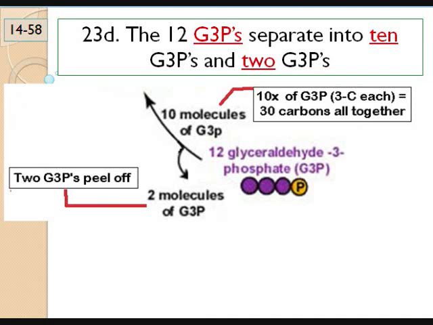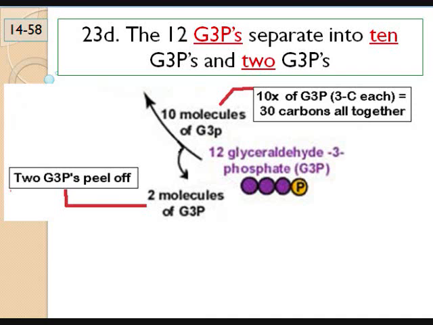Now, remember that one going up has 5 carbons? Remember he has 5 carbons? Well, here's 10 of them having 30 carbons. If I have 30 carbons, how many of those 5-carbon compounds can I make? 6. I can make 6 of them. And remember how 6 entered the picture.